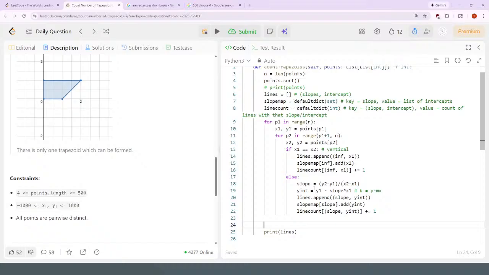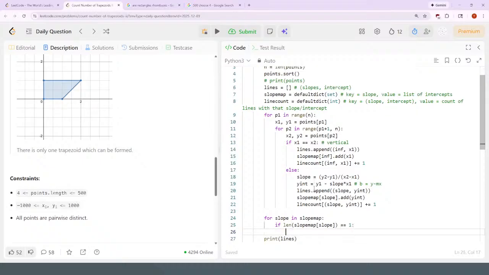So I guess I can say for every slope in the slope map, if the length of the set of y-intercepts for the slope is, let's say, equal to 1, and that means that all the pairs of points that create a slope of this are all collinear on the same line, so therefore they can't form any non-quad or even trapezoid or even quad also.